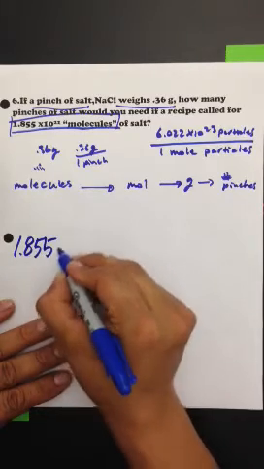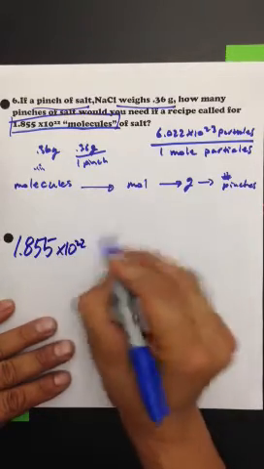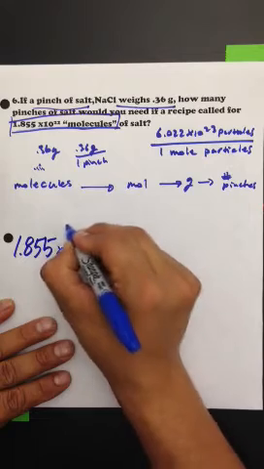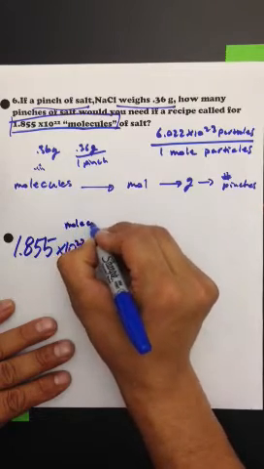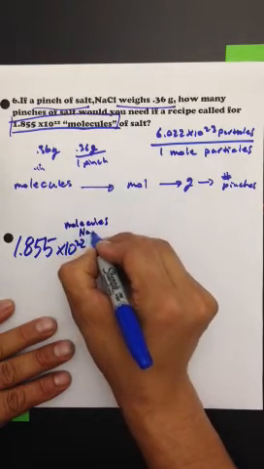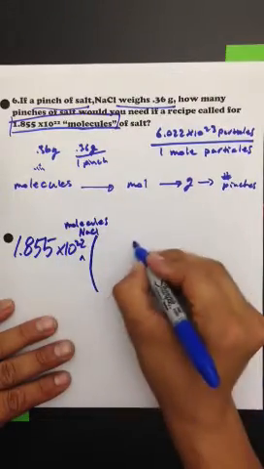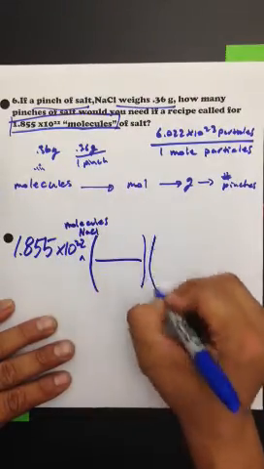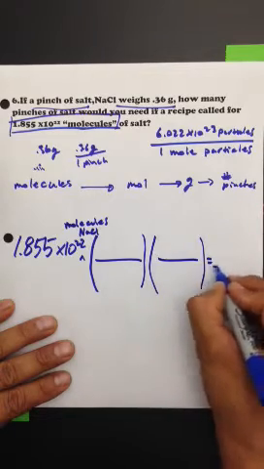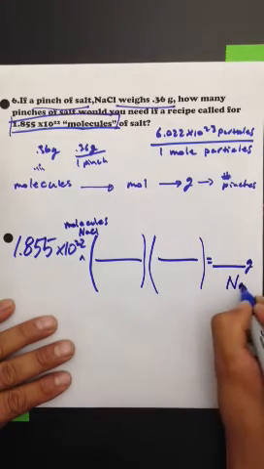1.855 times 10 to the 22nd molecules of NaCl. Okay, so we have to go molecules to moles, and then moles to grams of NaCl.